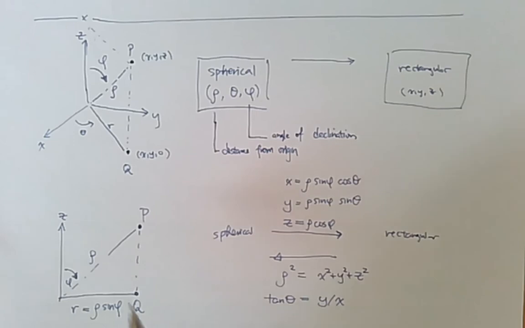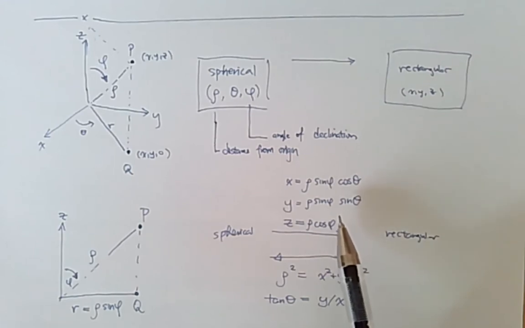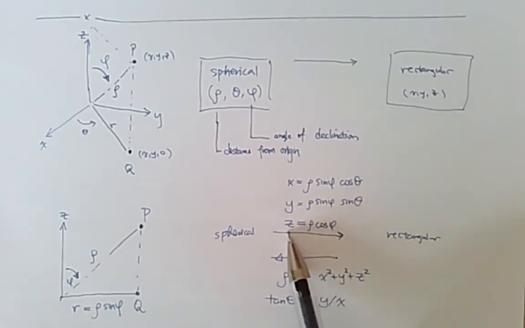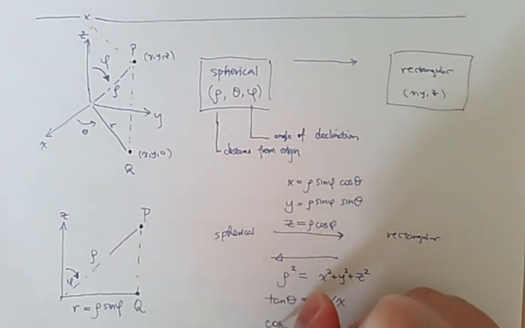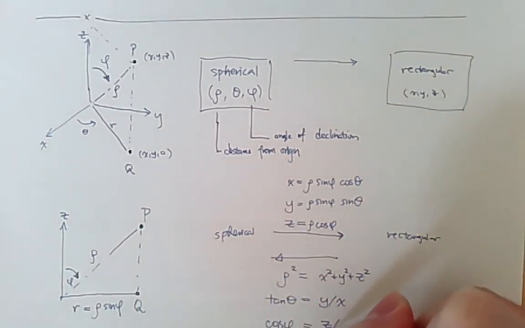And then how about phi? Oh, we need an equation in terms of phi. I see here z seems to have something in terms of phi. The cosine phi is z divided by rho. Cosine phi is z divided by rho.